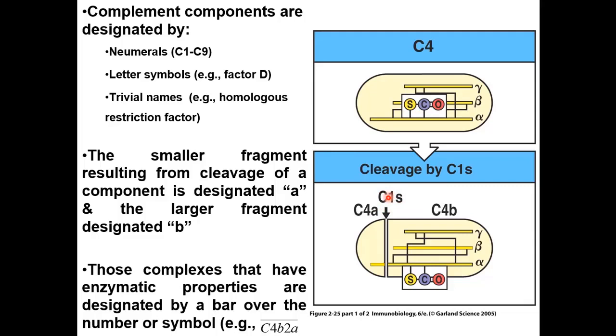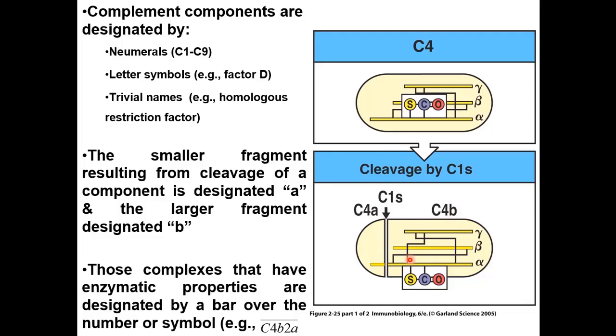C1s is an enzyme in the complement system and cleaves C4 into C4b and C4a. The smaller fragment is designated by a small a, and the bigger fragment is designated by a small b.